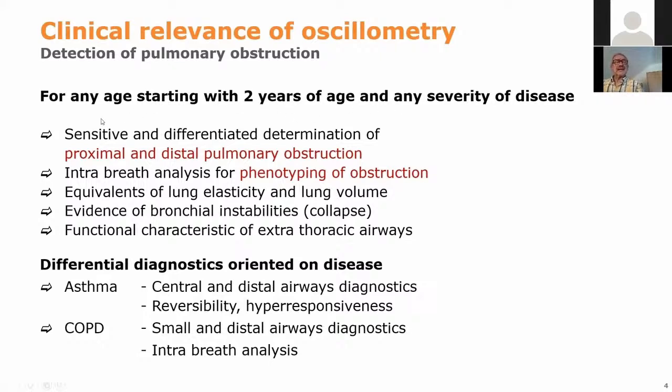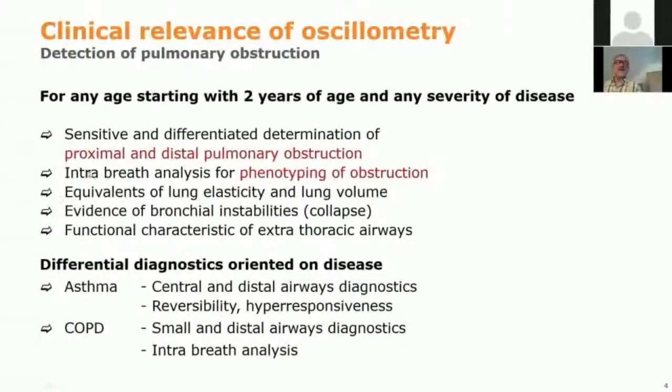So it's a sensitive and differentiated determination of proximal and distal pulmonary obstruction. And here I say obstruction because contrary to flow volume, where you primarily measure the limitation of the flow, here you measure resistance and you measure the obstruction directly.